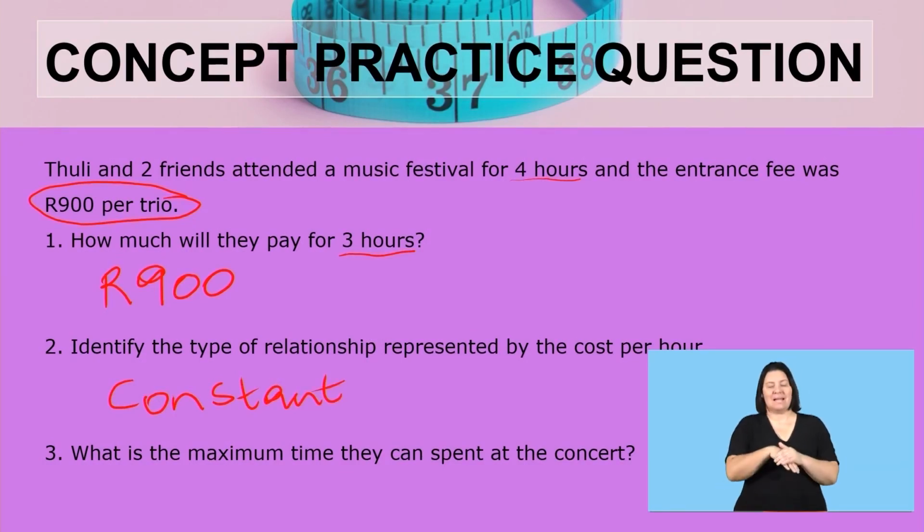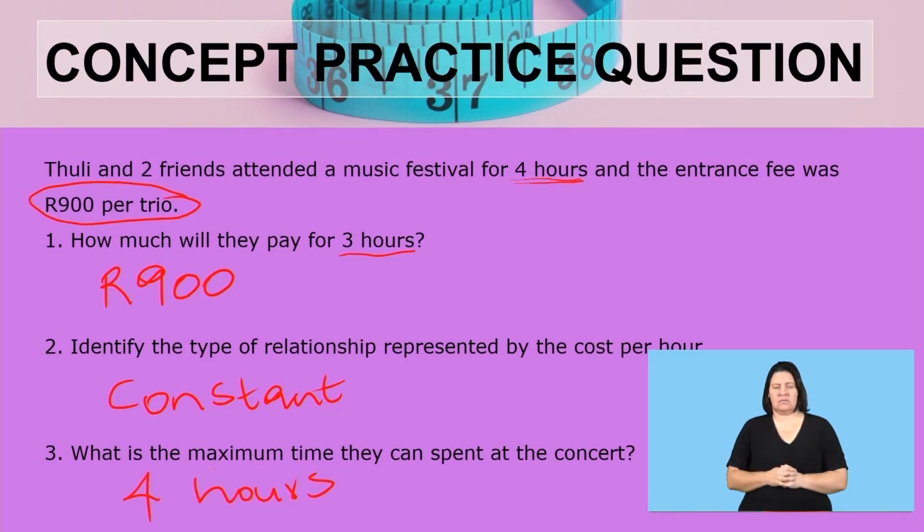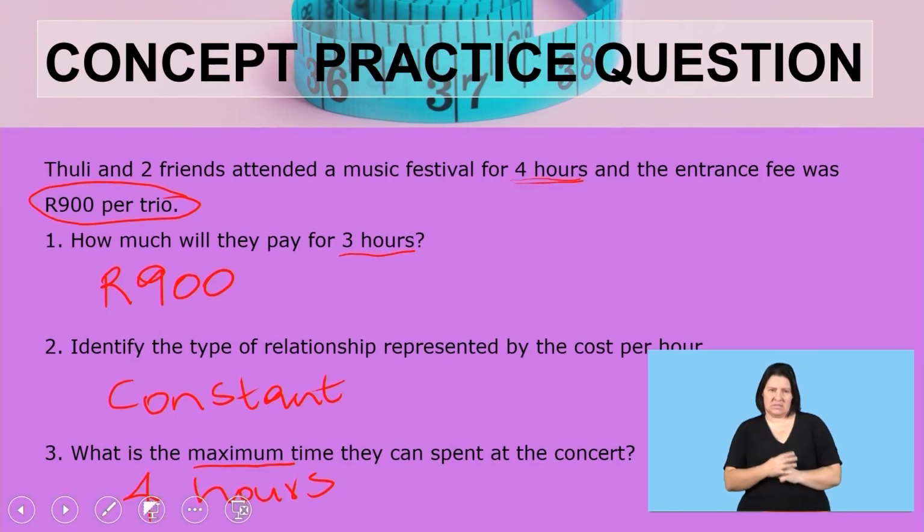What is the maximum time they can spend at the concert? The maximum time they can spend at the concert is 4 hours. Remember, the maximum refers to the highest or the most highest time they can spend. So the most highest time that they can spend there is therefore 4 hours.